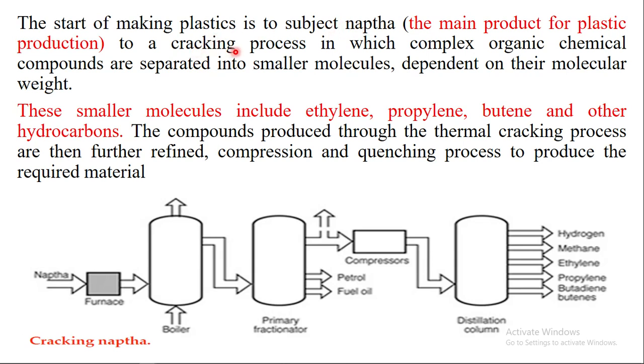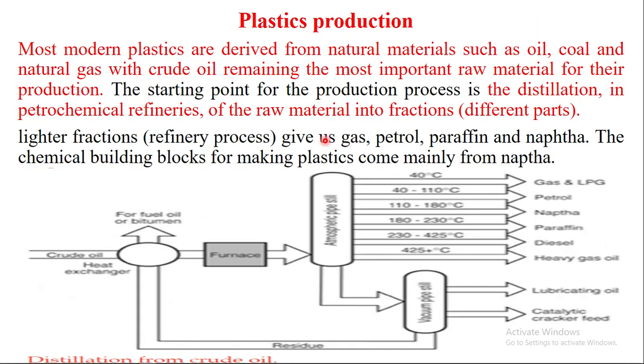Two, the cracking process, in which complex organic chemical compounds are separated into smaller molecules depending on their molecular weights. Those arrangements depend on their molecular weights and the applied temperatures.